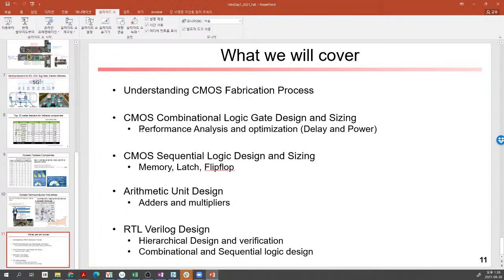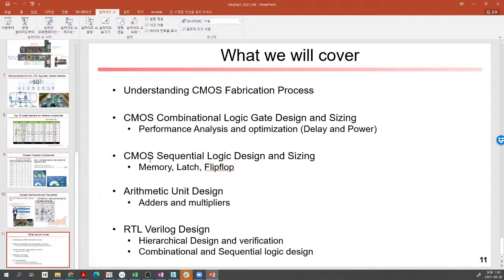Then we will move on to sequential logic design, dealing with memory elements like memory itself, latches, and flip-flops. This kind of sequential logic behaves differently based on the previous data sequences. This is something we have to learn.